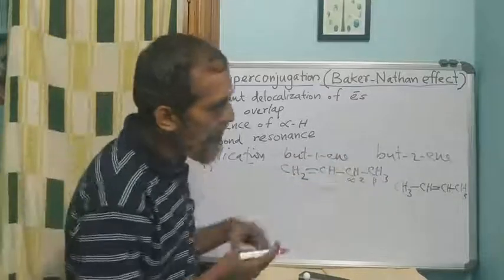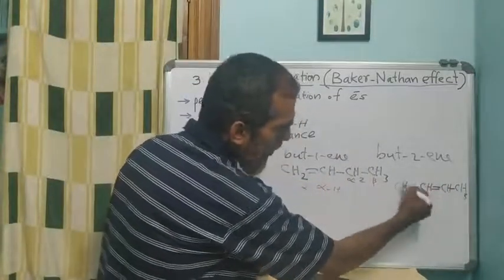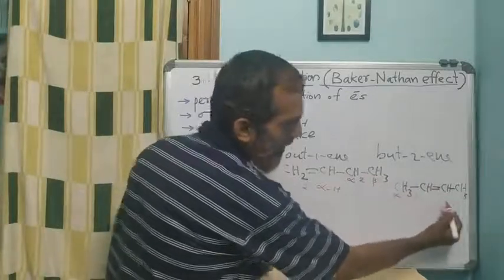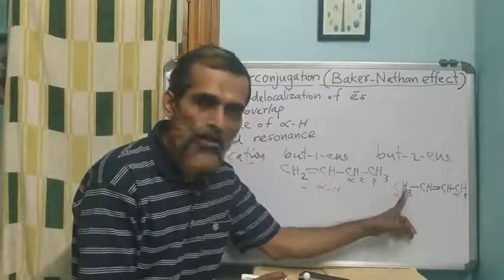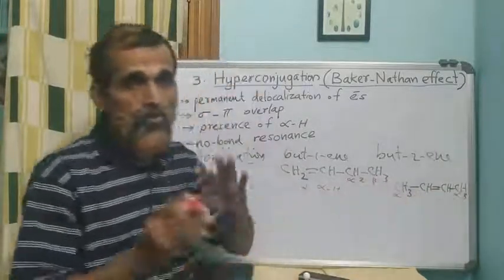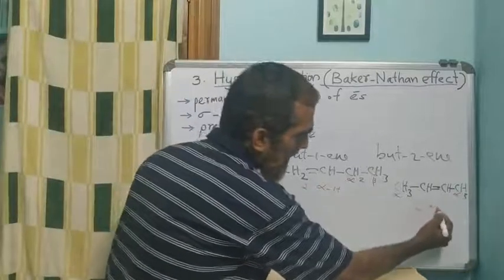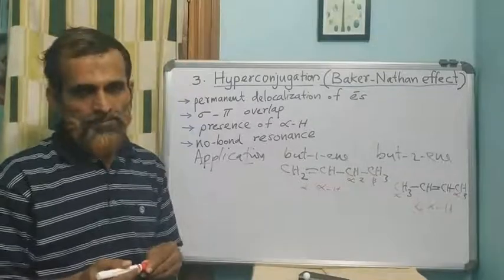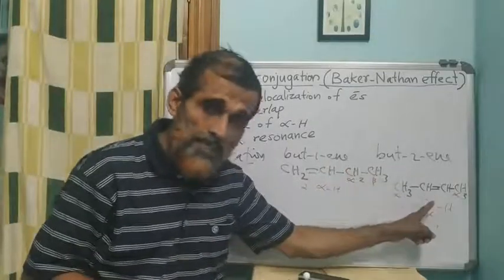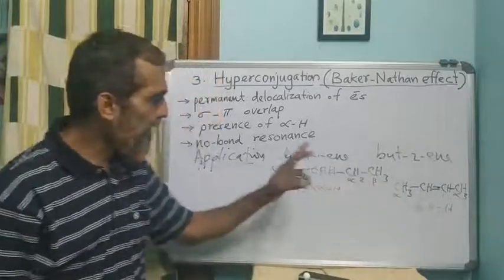In the case of but-2-ene, look here, this is a carbon-carbon double bond. On both sides you have an alpha carbon, right? And there are 3 hydrogens on each carbon. So altogether, how many alpha hydrogens? There are 6 alpha hydrogens in but-2-ene. So you can draw 6 hyperconjugative structures in the case of but-2-ene, and here only 2.